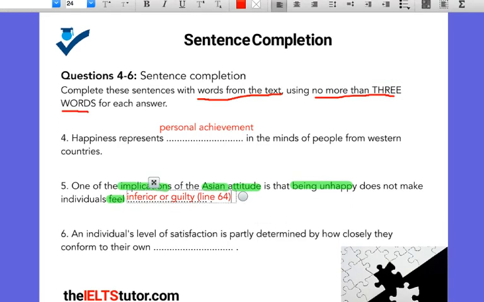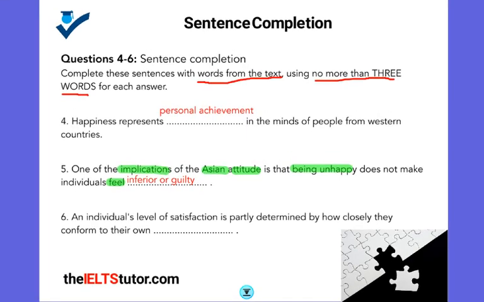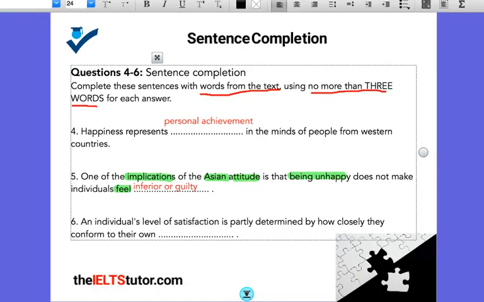Okay, and then the final sentence for today is number 6. An individual's level of satisfaction is partly determined by how closely they conform to their own what? Okay, so you have to look at the question carefully. Understand what it means first before you can identify the synonyms.